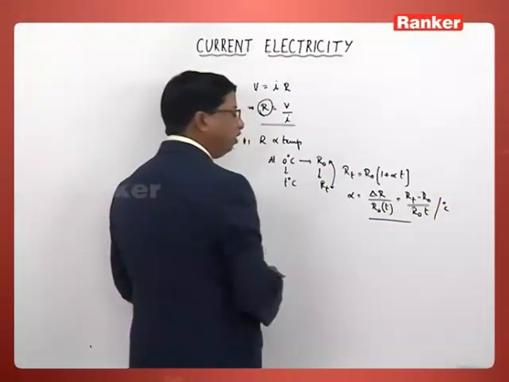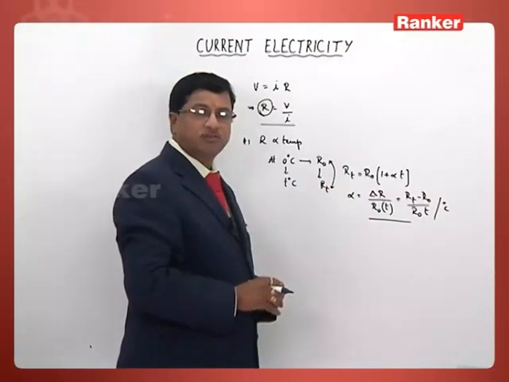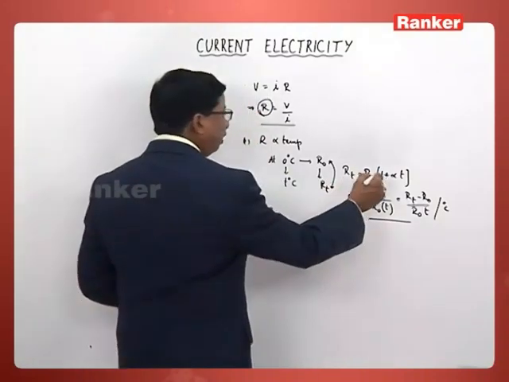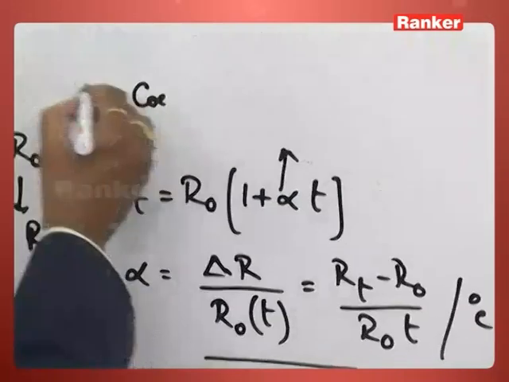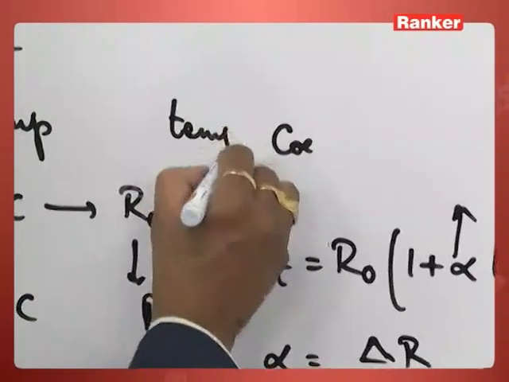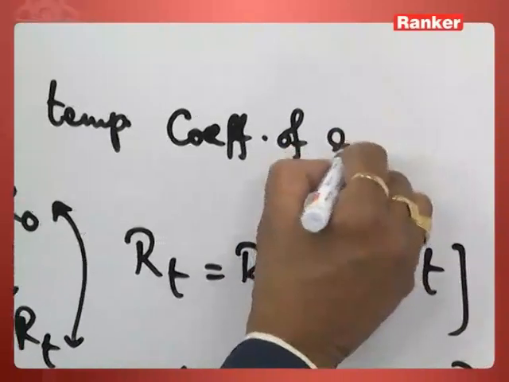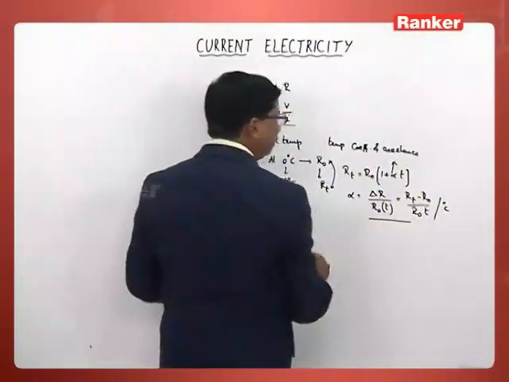This is one of the most important equations one should remember in this chapter. But what is this alpha called? This alpha is called the temperature coefficient of resistance of that particular material.